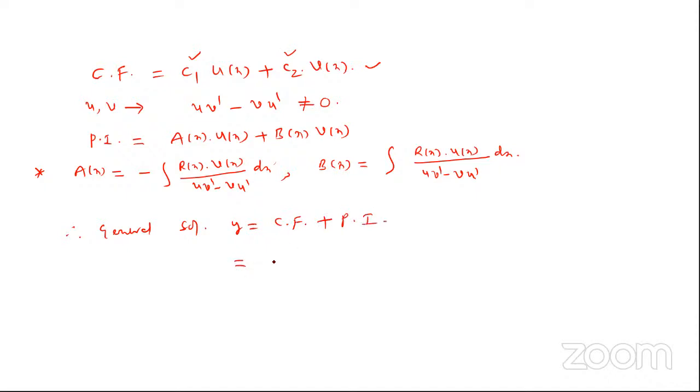So the complementary function is c1 into u plus c2 into v, plus the particular integral a of x into u of x plus b of x into v of x. Now let us start doing one or two examples on this.